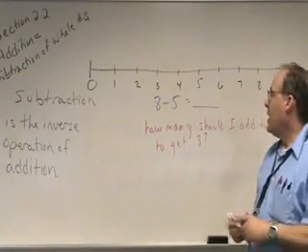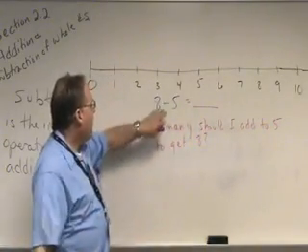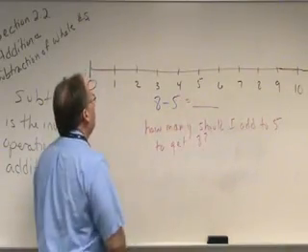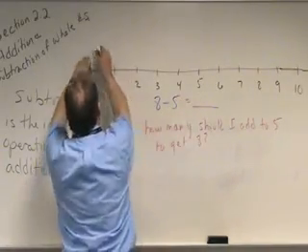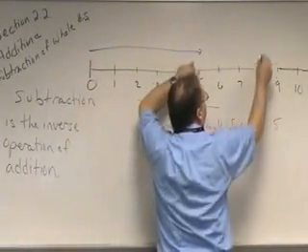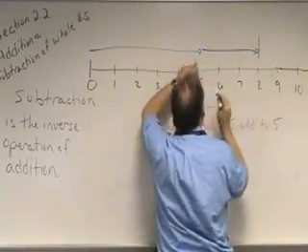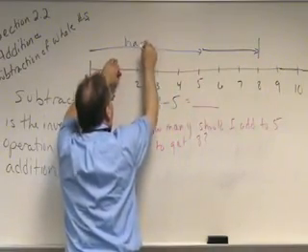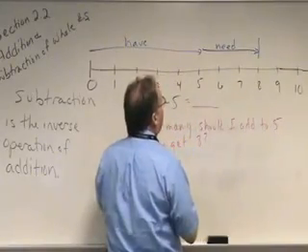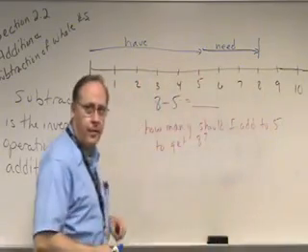And so, in this case, someone needs 8, and they have 5. How many more do they need? So, if I already have 5, here's where I am. Okay. This is where I want to be. And this is what I need. This is what I have, and this is what I need. And you can see that this is a 1, 2, 3 line.